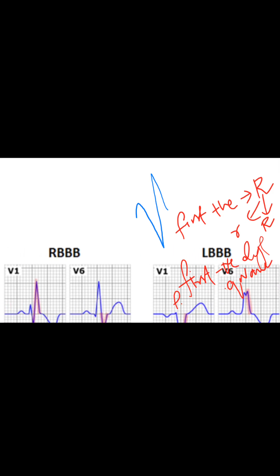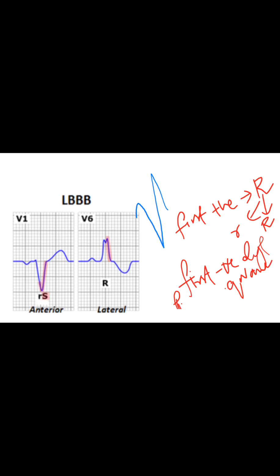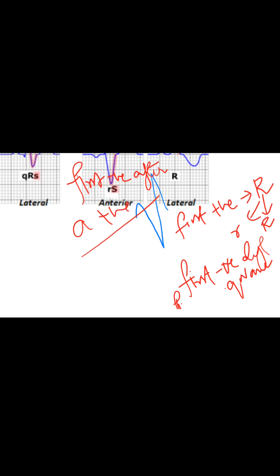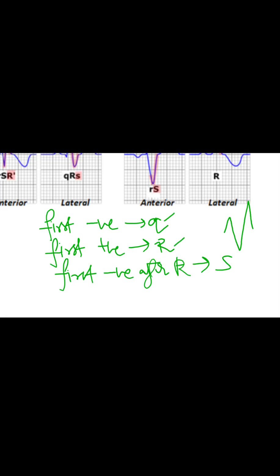But there is one thing: the first negative deflection after a positive deflection, that is after an R wave, is called an S wave. And whether it is a capital or small letter depends on the amplitude.